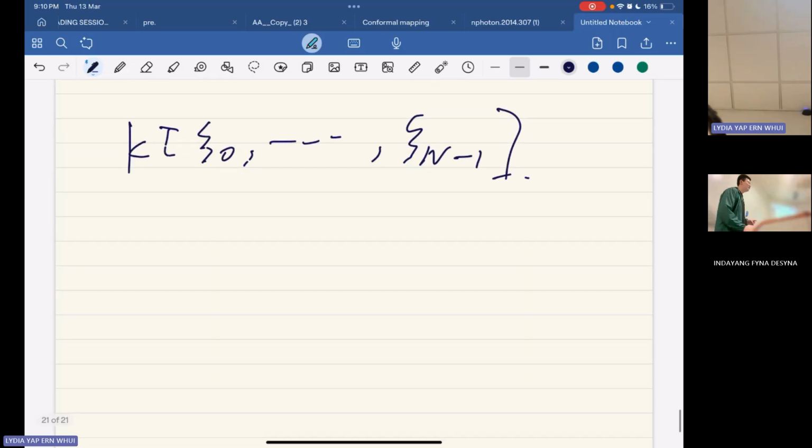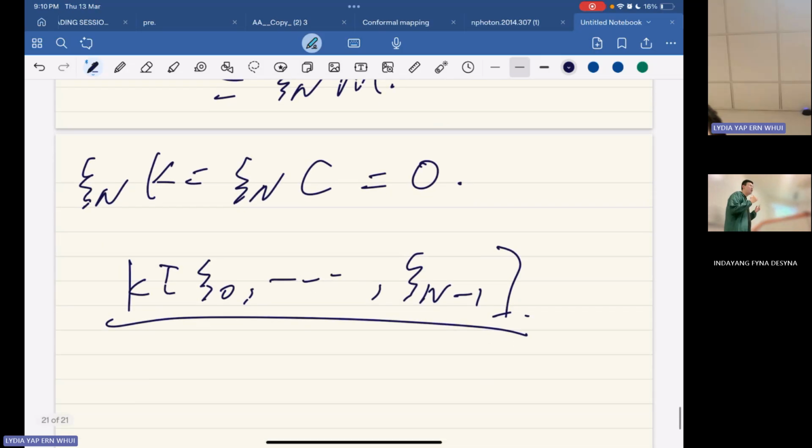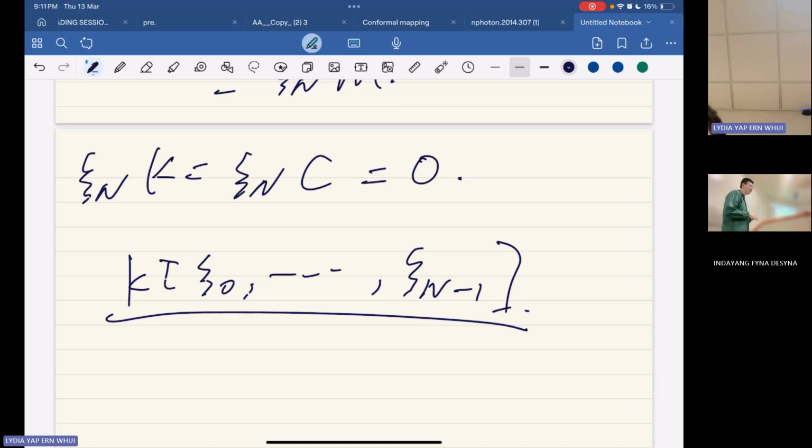And if you know what mathematical induction is, I think everyone here knows. By induction hypothesis, we do induction on n, right? Here it becomes n minus 1. So we can use the induction hypothesis, right? Since K and C are modules over just k[x_0, ..., x_{n-1}], by the induction hypothesis the statement is true, right?